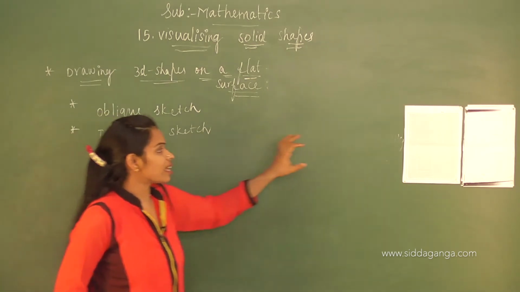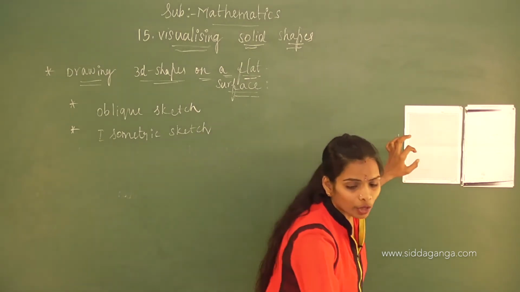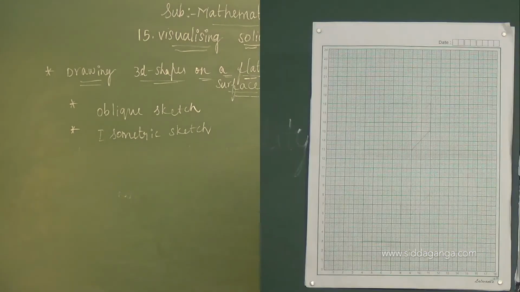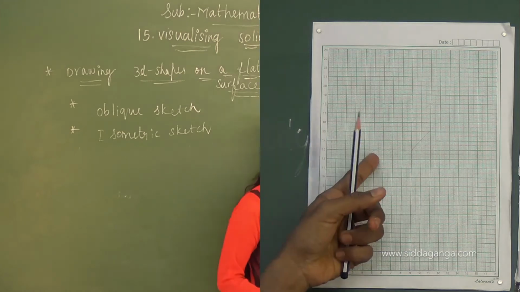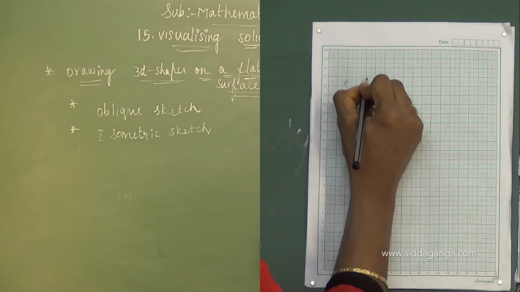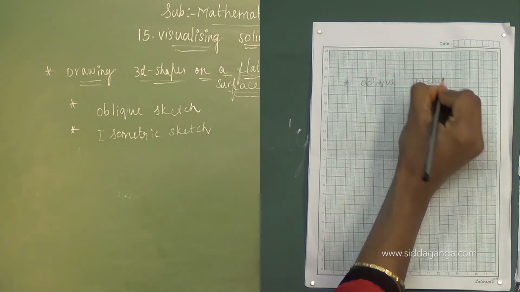Okay children, now I am telling how to represent a cuboid on a graph sheet. Here we can also take squared paper. I am giving an example of an oblique sketch.